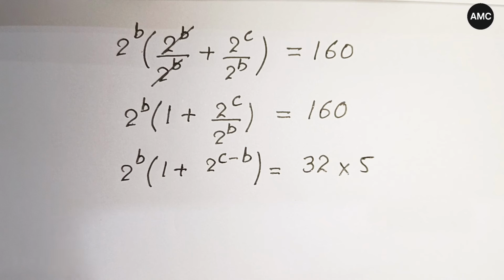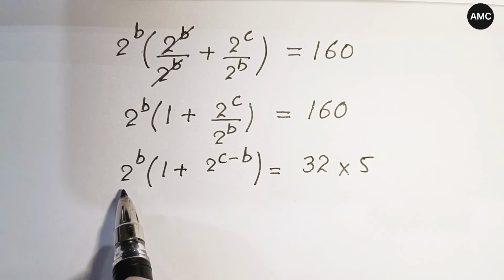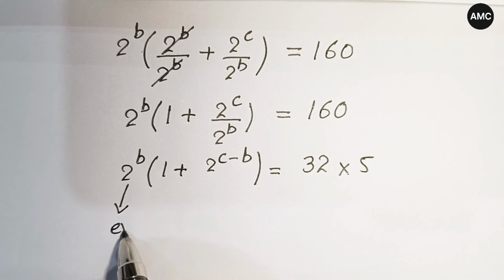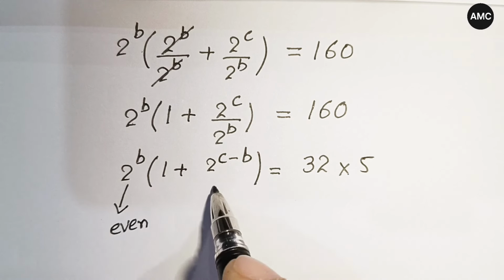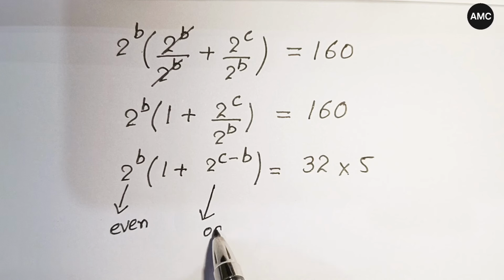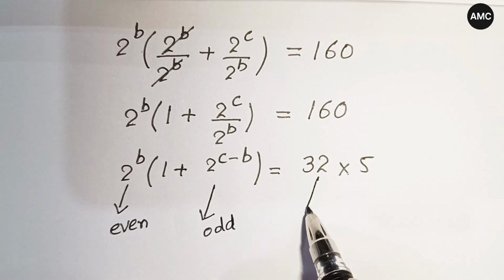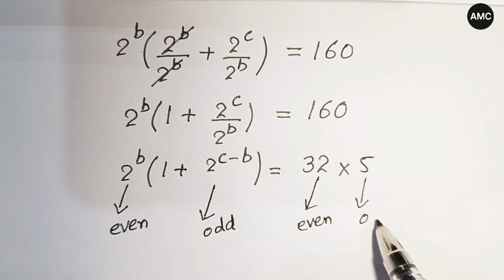So here we are going to do the same step that we have done earlier. So 2 to the power b here is even, and this entire expression is odd. Similarly 32 is even and 5 is odd.